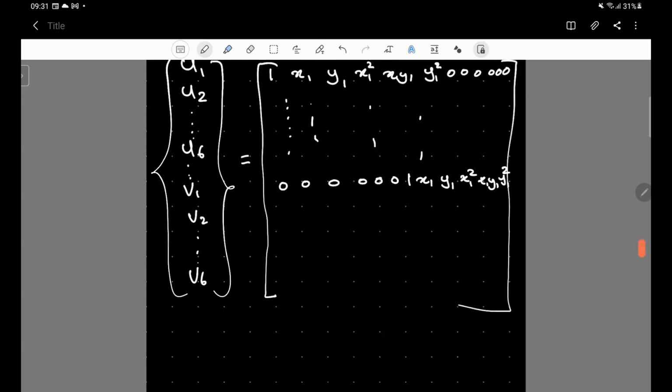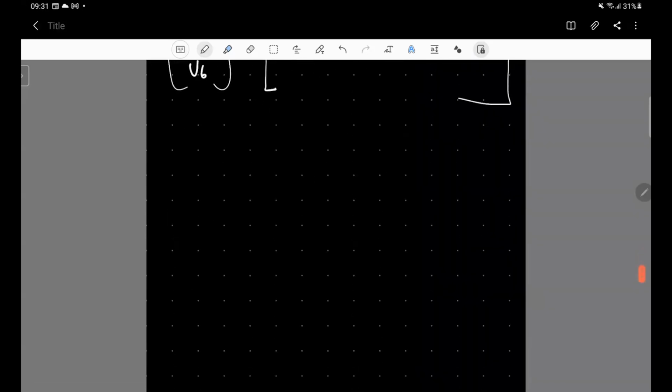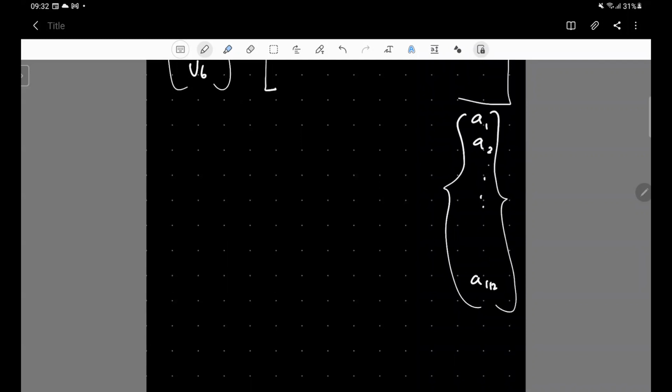And of course, the completed matrix has to be multiplied with the A matrix, which I will write here because I ran out of room: A1, A2 up to A6, and it will go up to A12. Now, in order to solve the displacement function, we are interested in finding the coefficients, that is the A values.